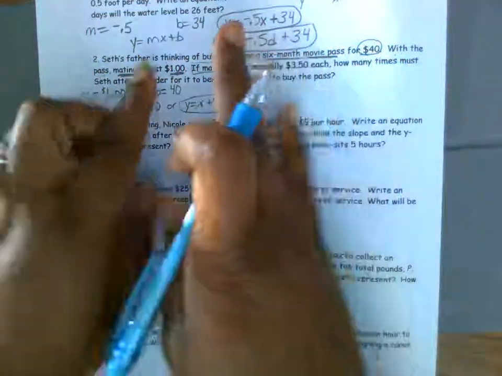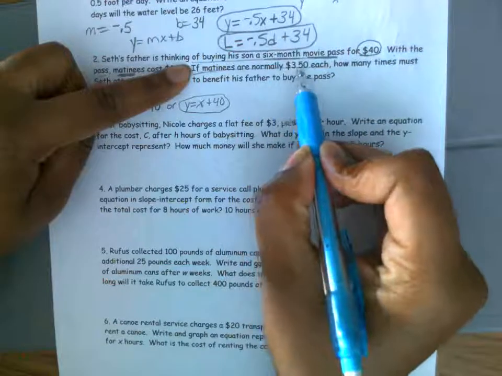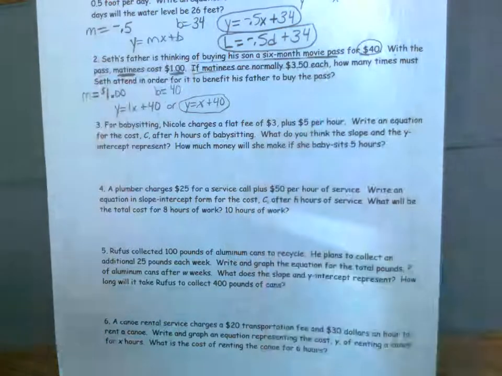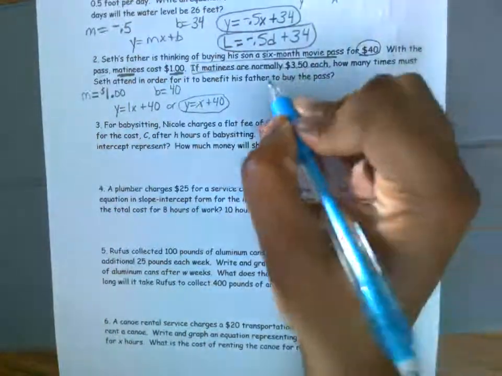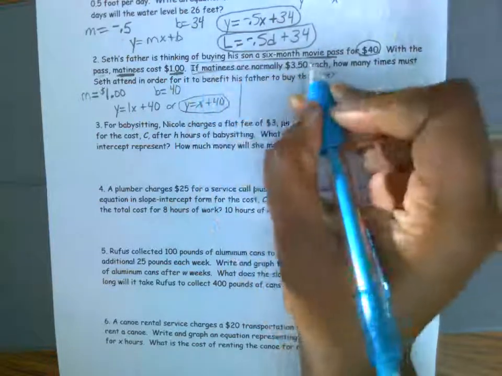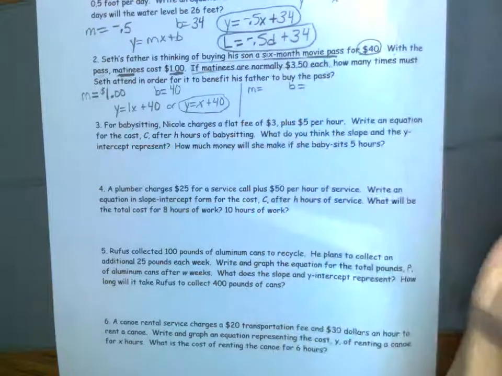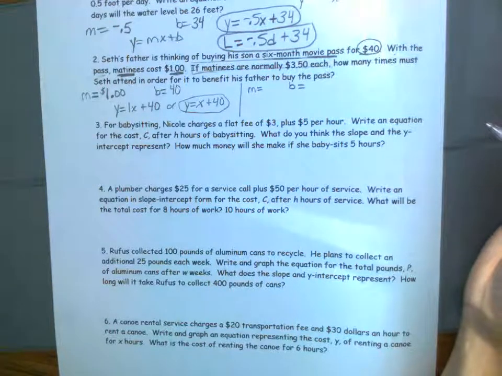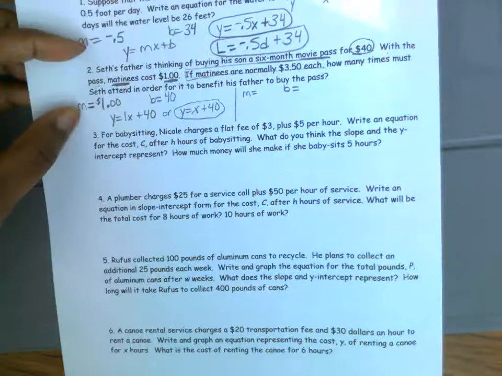All right, now let's deal with the other part. This is just saying if matinees are normally $3.50, so when I go to a matinee, that's all I'm going to pay. So how would I write that as an equation? For this situation, what would my M be and what would my B be? Anybody? This particular problem.